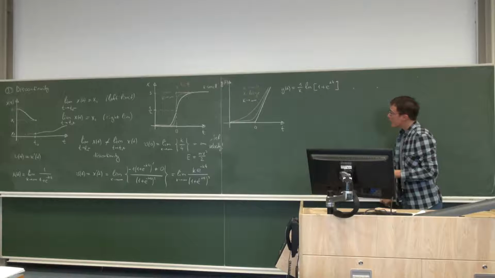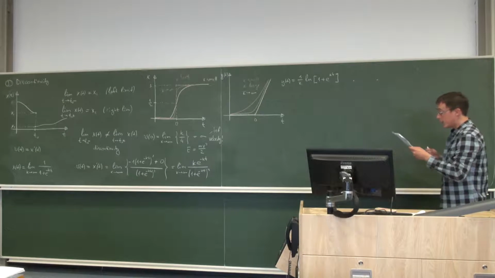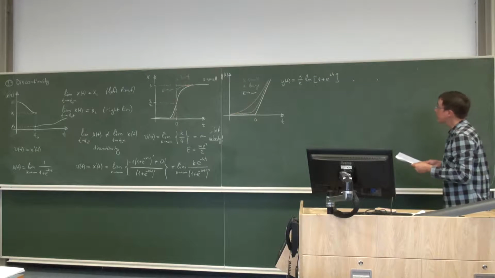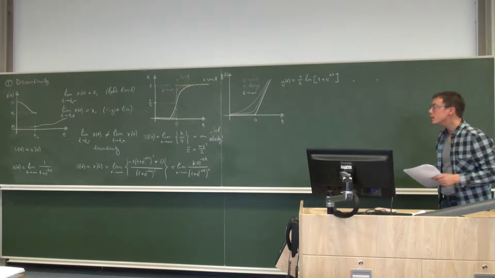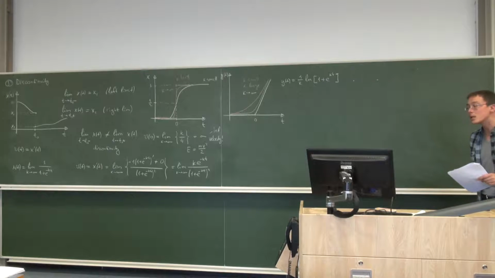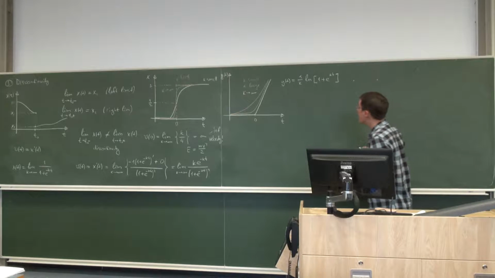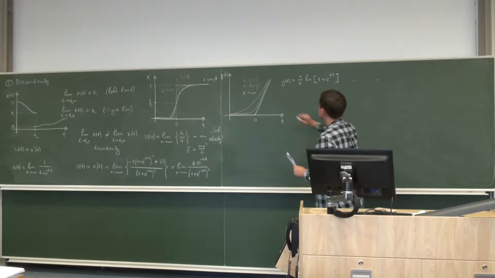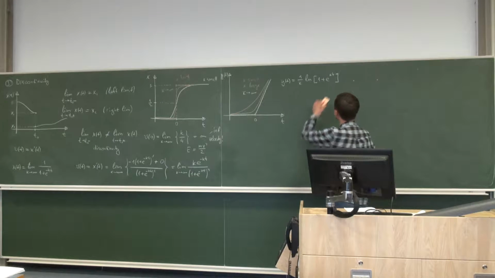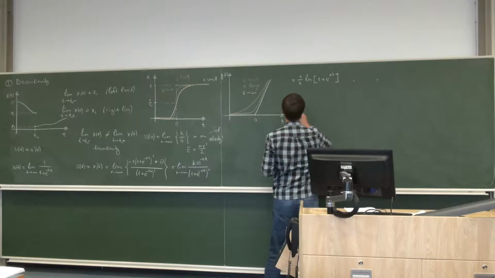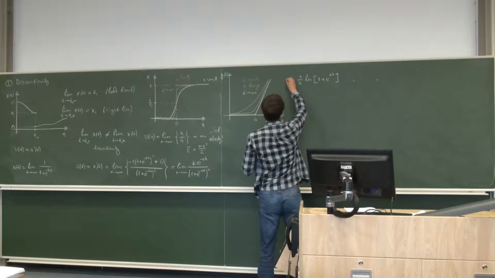this. Okay, what we can do now, of course, is we can differentiate it and find out what the velocity is and what is the acceleration. So let us do that, and moreover, let us take the limit as well. So our y of t would be the limit of k going to infinity.